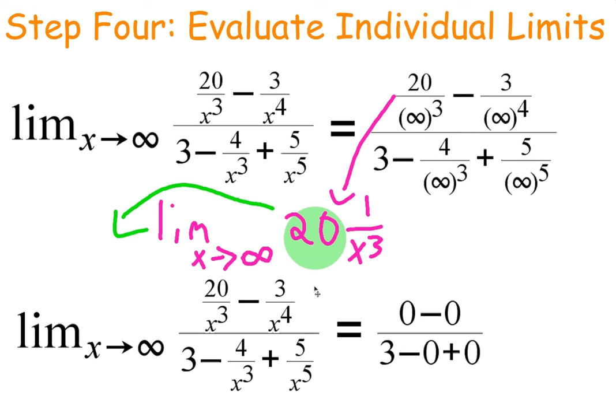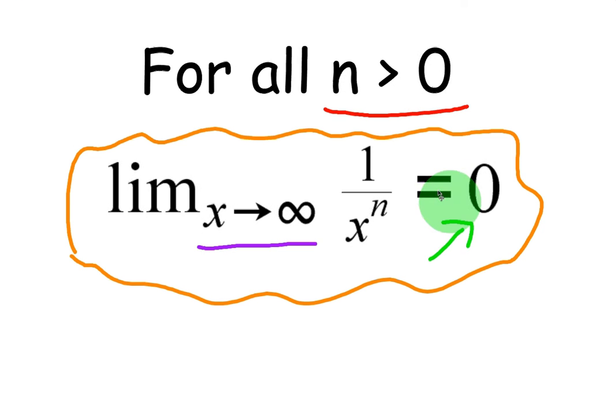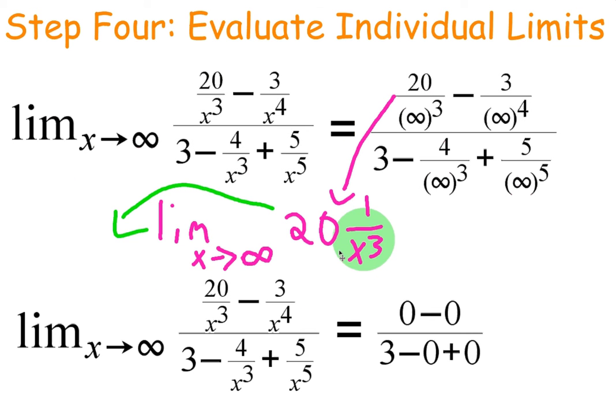So you'd get 20 times the limit as x approaches infinity of 1 over x cubed, which we proved with this limit law is 0. You can pull the 20 out because that's a constant multiple for limits. 20 times 0 turns to 0.